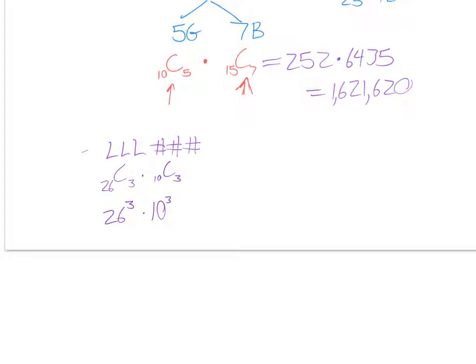By the way, this shows us why it's important to pay attention to the context of your problem. What are the restrictions? The reality is this: 10 to the third times 26 cubed. I can have AAA 000 on a license plate.